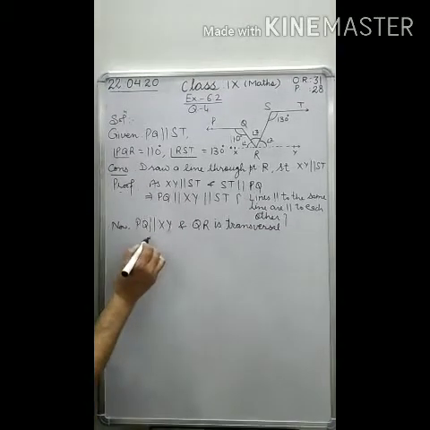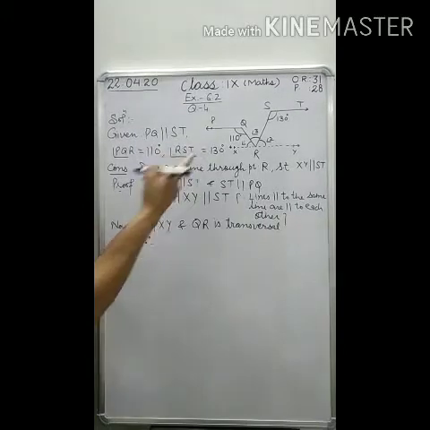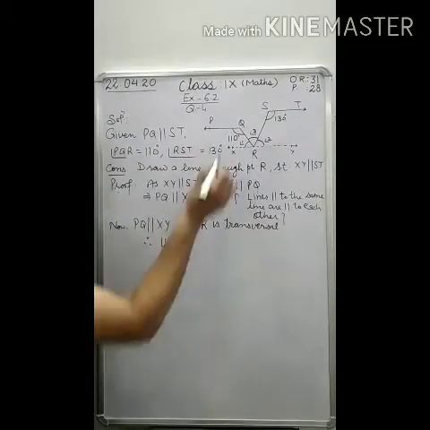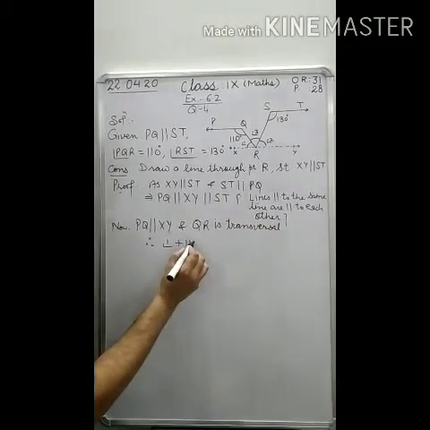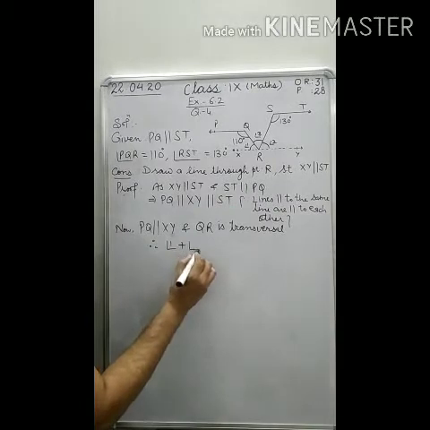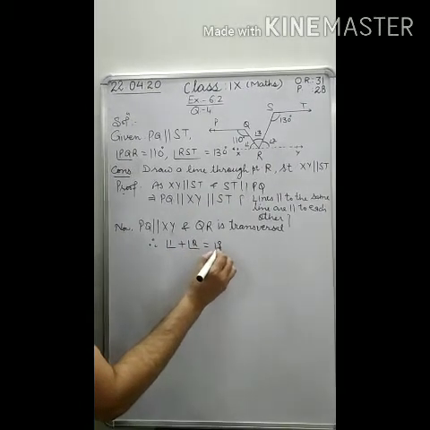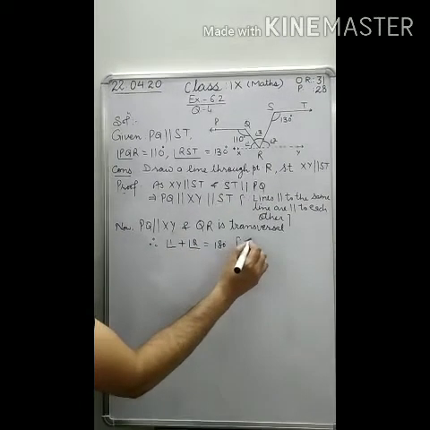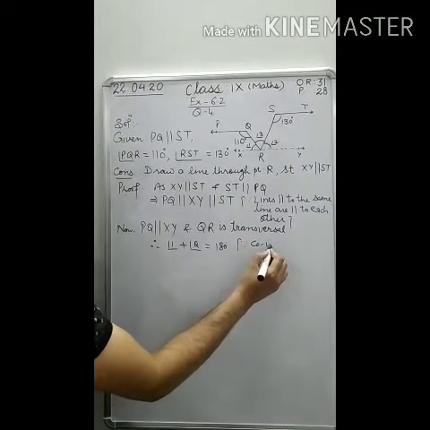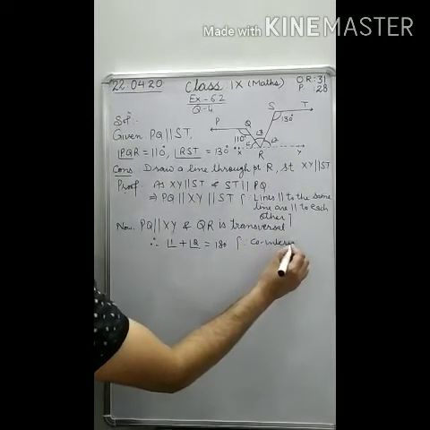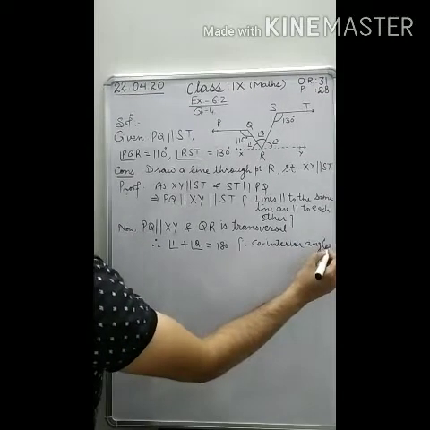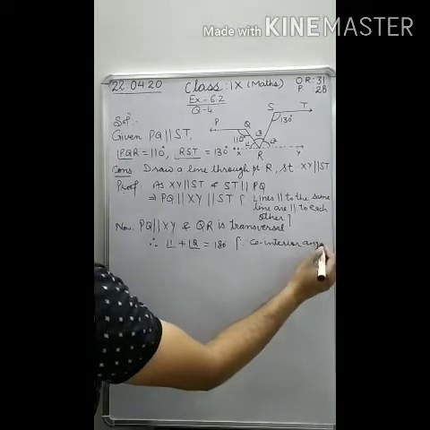So therefore, what will happen here? Therefore, angle 1 plus this angle 110, or firstly you can write angle 1 plus angle Q, that is equal to 180. Why is it so? Because they are co-interior angles.